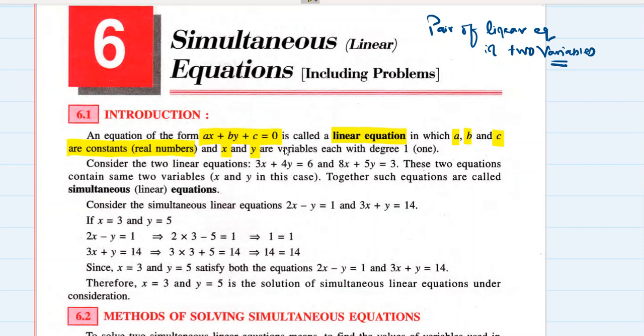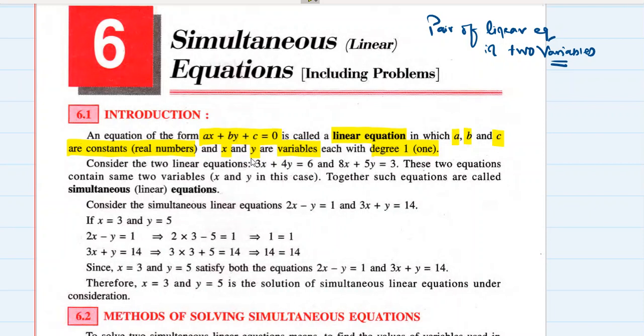X and y are variables, each with degree 1. What is the power of x and y? 1. And that's why this equation is called linear equation. But how many variables are there? 2, x and y. That's why this equation is called linear equation in two variables.